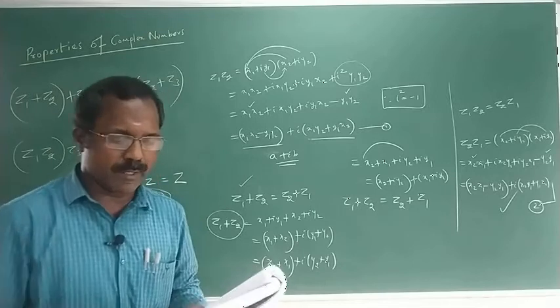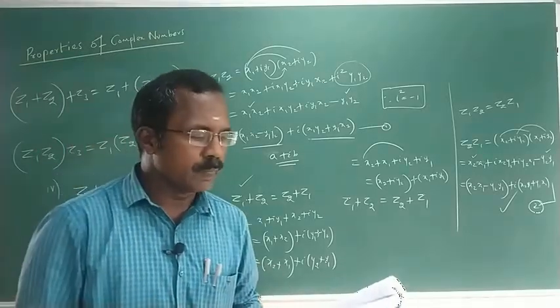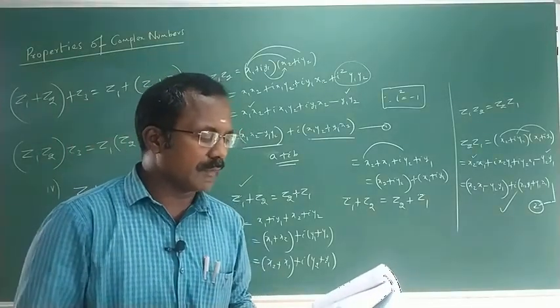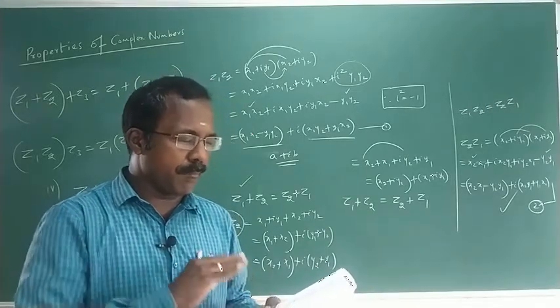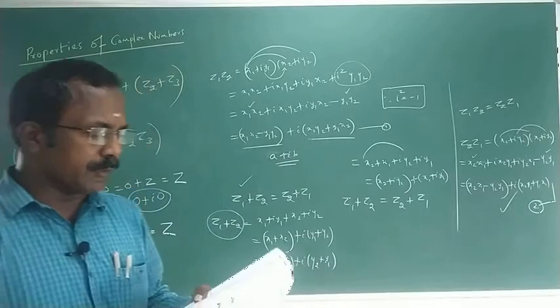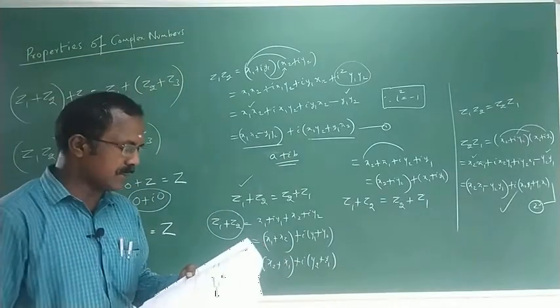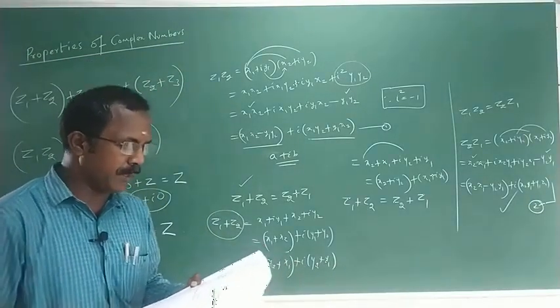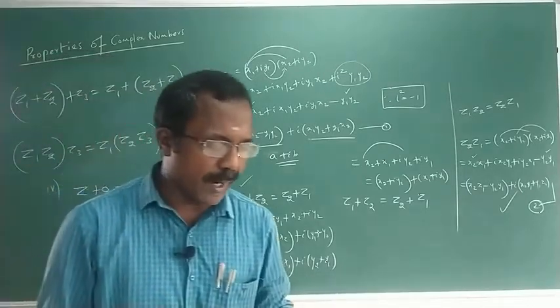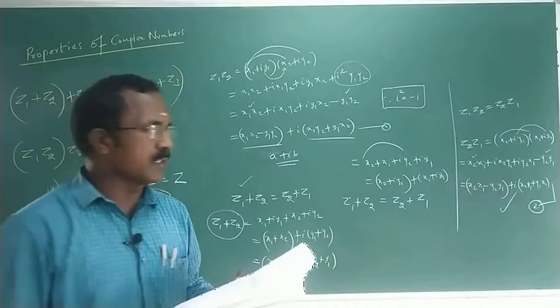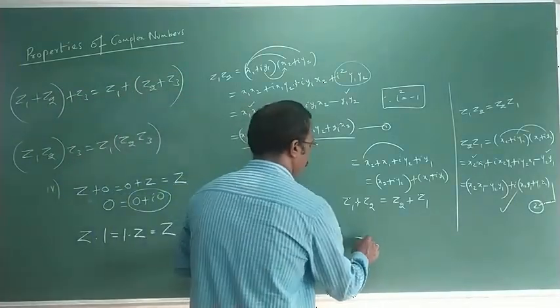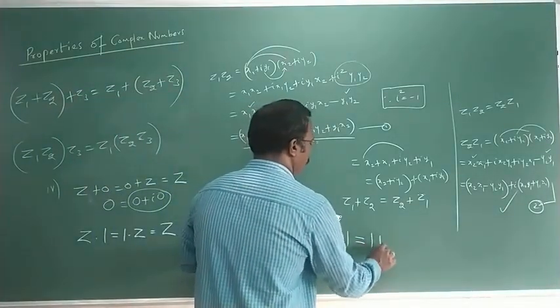That's all. On page number 59, look at the last line of subdivision 4. There are two concepts in subdivision 4, additive identity and multiplicative identity. 0 plus 0i is known as the additive identity. Underline it. On the right side, look: 1 can be written as 1 plus 0i.